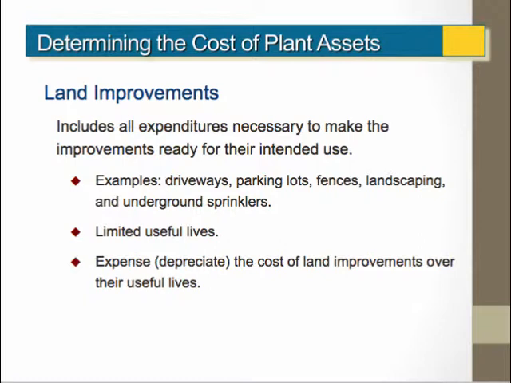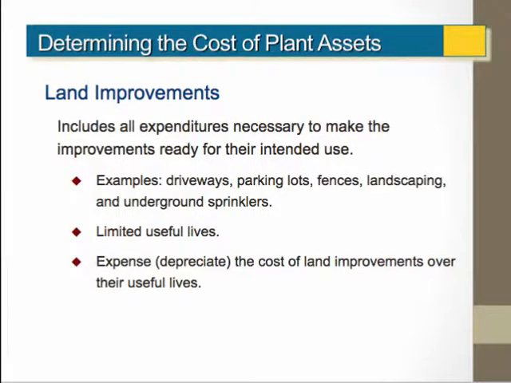We look at these items differently from land because ultimately they're going to wear out and they have limited useful lives. Therefore, we want to keep the cost of land improvements separate from land because land improvements will depreciate while land does not.